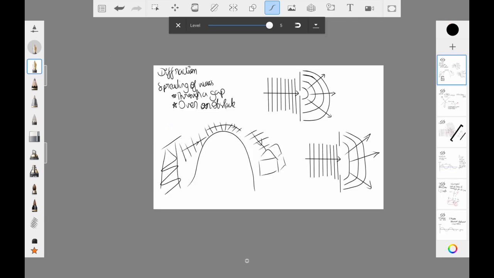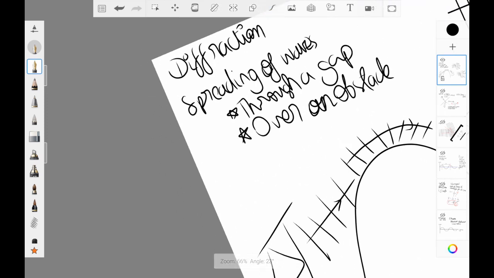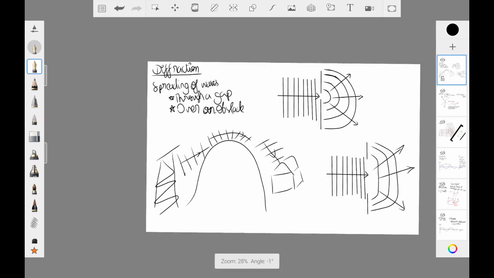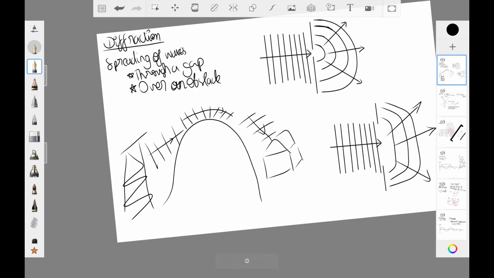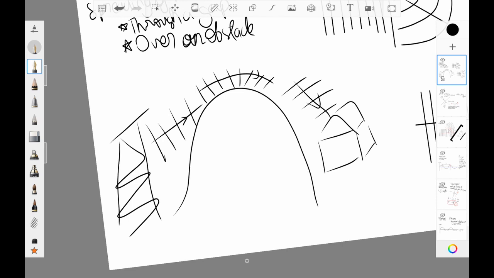Right, so now we have diffraction, which is the third general wave property, and it's just the spreading of a wave as it passes through a narrow gap or over an obstacle. In a practical sense, diffraction can be made use of with phone towers.